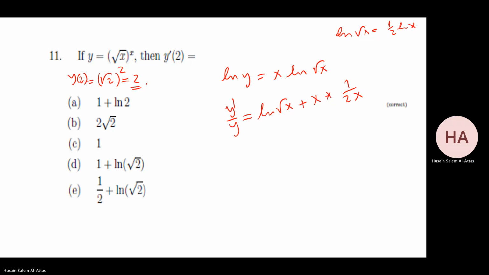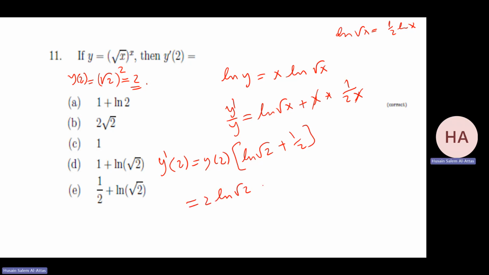It will be x times half ln x, which is 1 over 2x. So y prime at 2 will be y at 2 times ln square root of 2 plus half. So that will be 2 ln square root of 2 plus 1, or 1 plus ln square root of 2 squared, which is 1 plus ln 2.